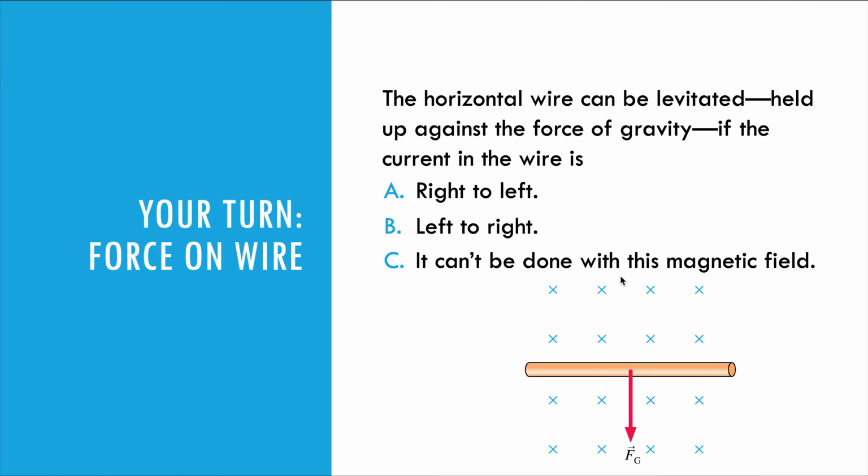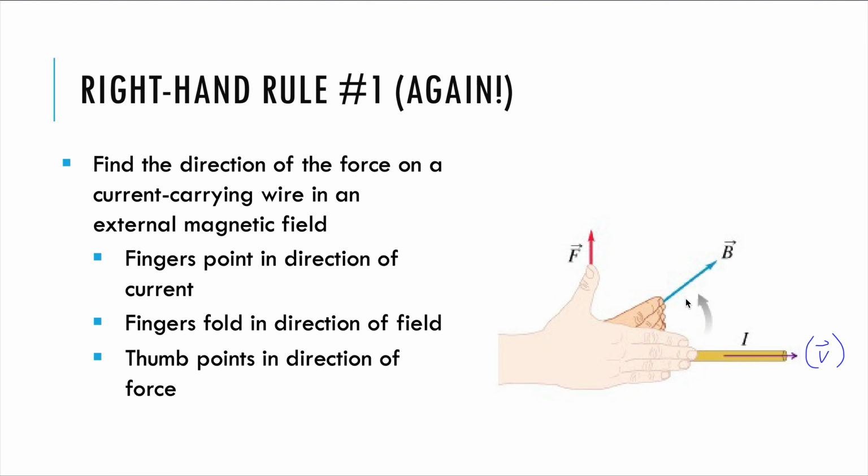Okay, so we know that we want a magnetic force going upward to balance the weight going down. Now we have to use our right-hand rule to figure out what direction of current will make it so that there is an upward force on this wire. And it turns out that you should be positioning your hand just like the picture that we just saw.